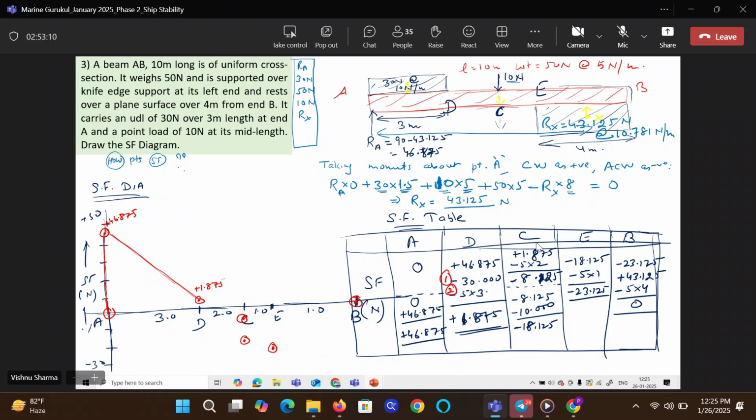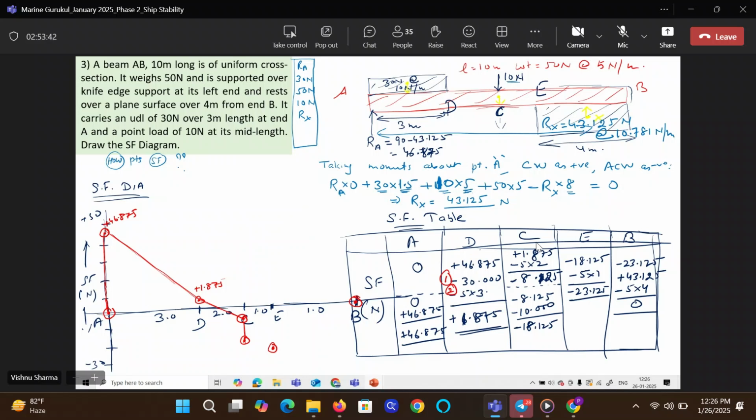Then, guys, look at the diagram again, from D to minus 8 at C. What is the cause of the change? Name the cause. The uniformly distributed weight of the beam. Beam weight, uniform, right? So again, put the scale between these 2 points and join them with a straight line. Then minus 8 to minus 18 needs no discussion.